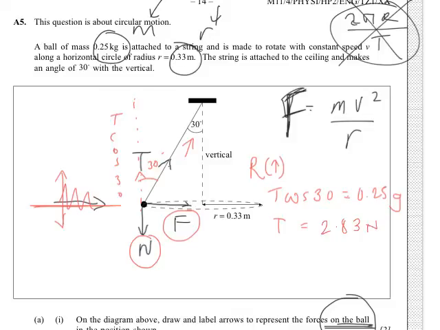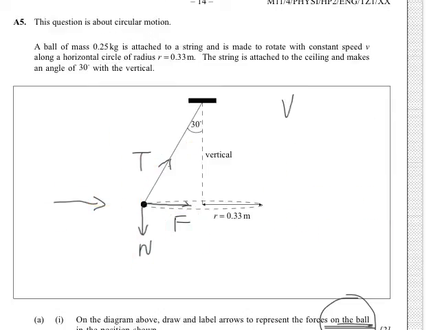So now we have the value of T. Now why do we need T? Because we need to find F. As you should be able to tell, F is due to a certain component of T in the horizontal direction. So if you can work out how much of T is acting horizontally, then you've got F. Now T, let's have a look, if that's 30, that would be 60.